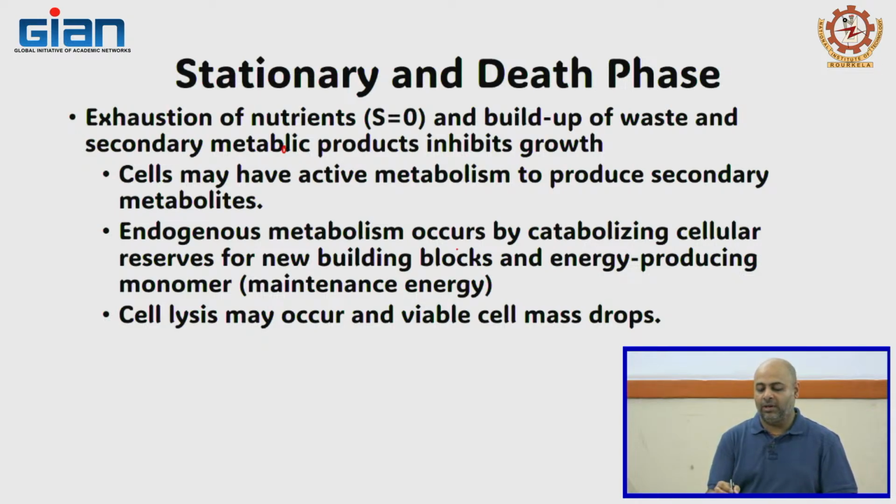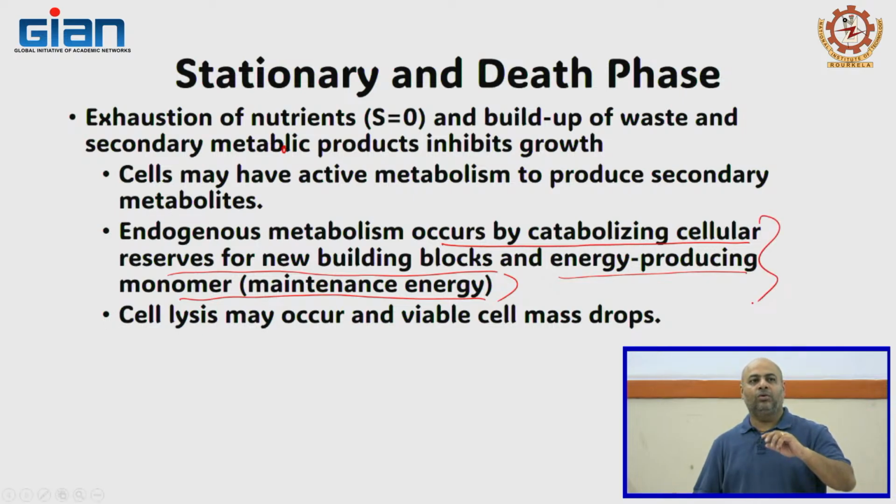Endogenous metabolism occurs by catabolizing cellular reserves for new building blocks and energy producing monomers for the maintenance energy. So, that means the old cells or the dying cells will be providing the materials for maintenance of whatever cells are remaining or that are still there.